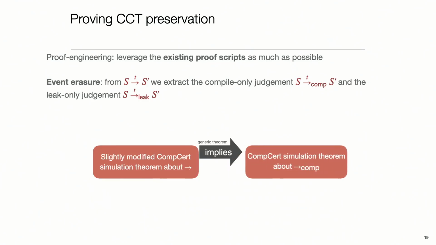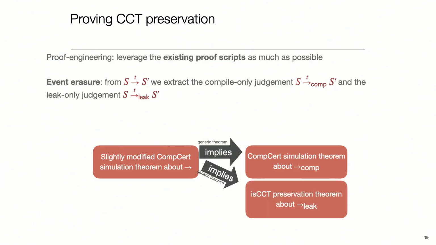And then we had two more theorems, each one being a general theorem. The first one states that the CompCert we have modified with the observation of leakages implies the CompCert we had before. But we prove this theorem only once because it holds for any language of the compiler. So we only need to prove it once and not 11 times, once for each language.